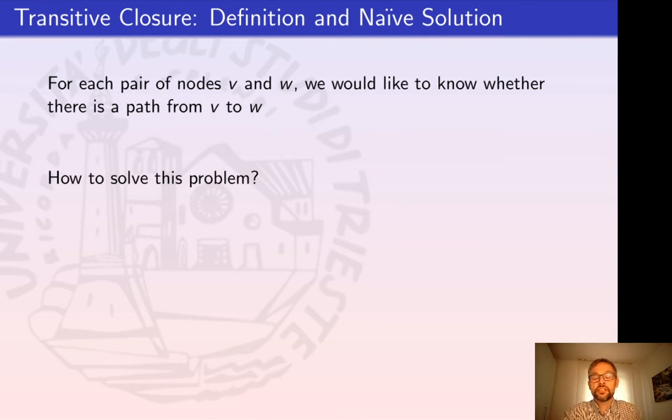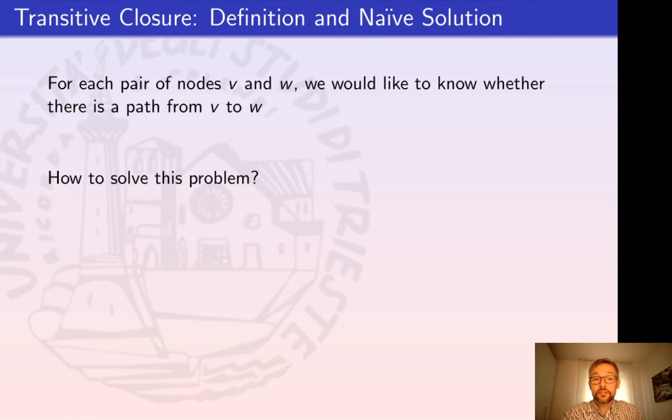Given two nodes of the original graph, we want to be able to decide whether there is a path from the first one to the second one. And we want to be able to do this operation for all the pairs of the original graph.